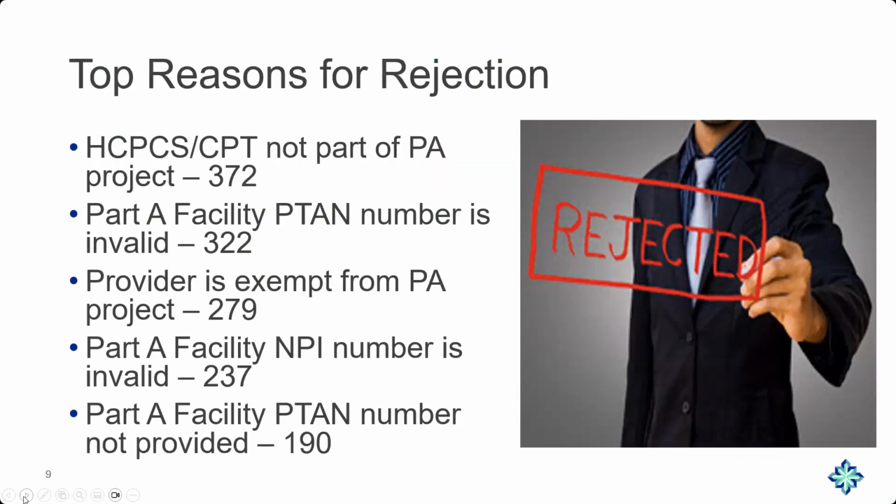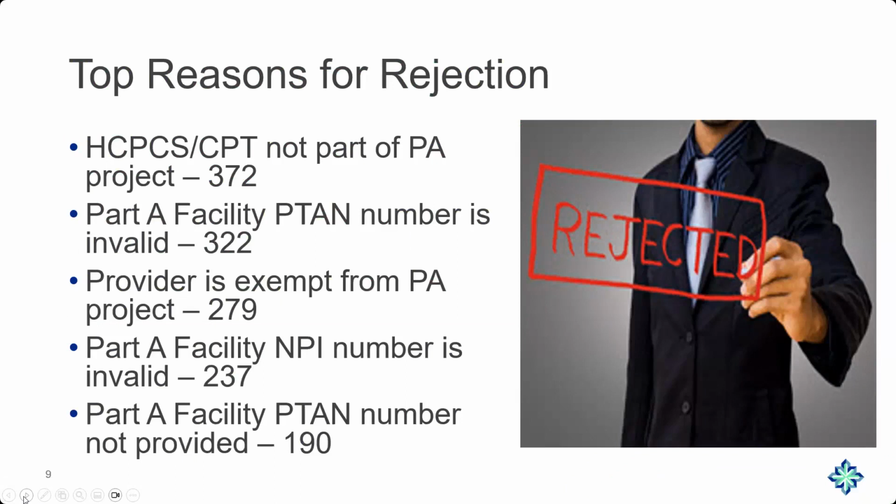Now, here are the top reasons for rejections, and this is all based on information that's been collected by our medical review department, and this has happened just so far this year of 2026. So the number one reason for rejection is that the codes are not part of the prior authorization project.